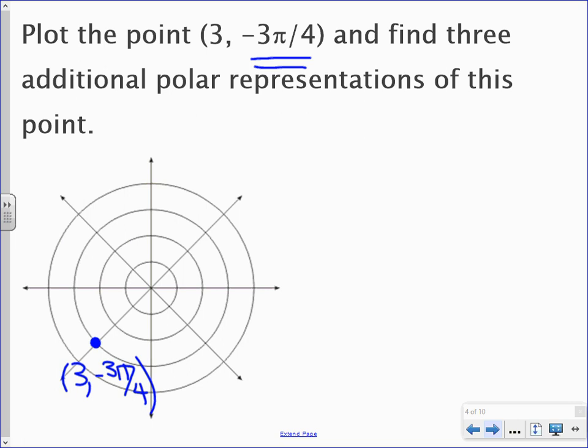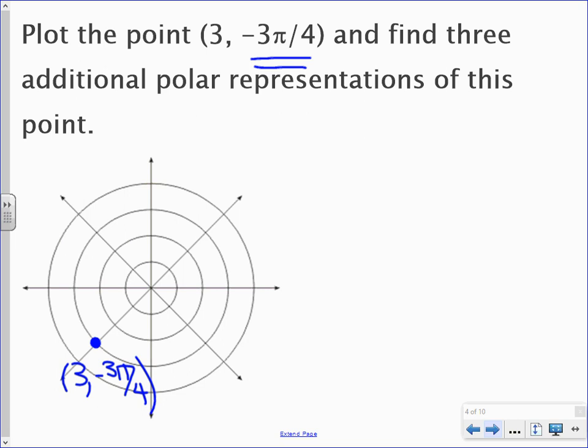So those concentric circles are like your grid marks. Okay. Now, there are going to be multiple ways to represent this coordinate. Keeping angles between negative 2 pi and positive 2 pi, I want to come up with 3 other ways we could represent this coordinate.